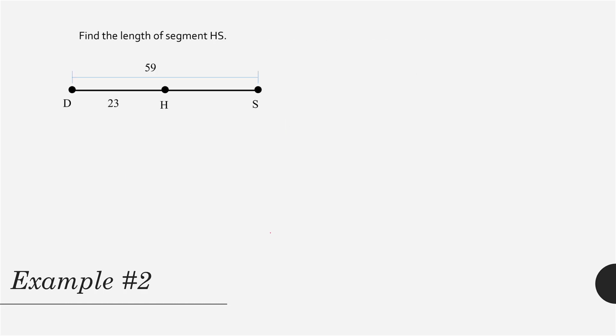Find the length of segment HS. So here we're trying to find this length. We will always start with a geometry statement. Our geometry statement is going to follow segment addition.